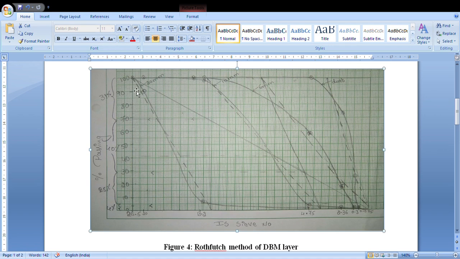Take the midpoint and then project it. You will get the x-axis point for 20 mm. In the same way for 13.2 mm, the midpoint of that required gradation is 68, projected to get the x-axis as 13.2. In the same way fix the points for 4.75, 2.36, 300 micron and 75 micron.